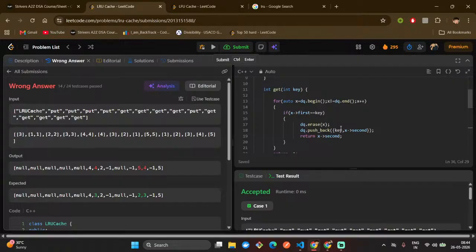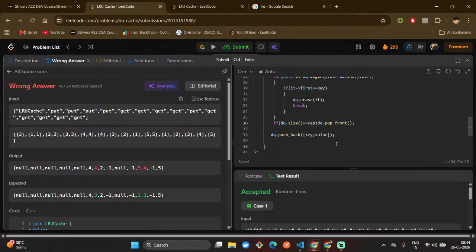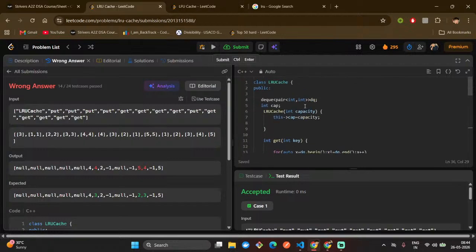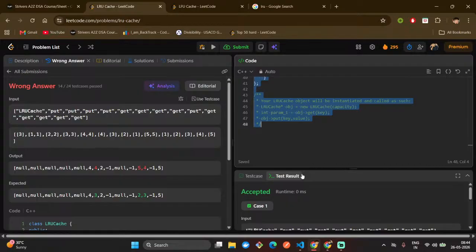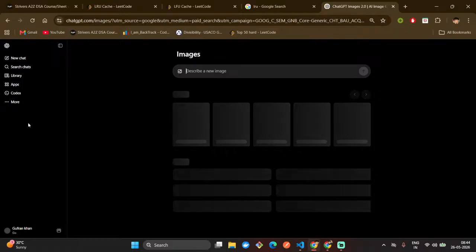If x dot second, return x dot second. It was written out from ChatGPT. Why is this giving the wrong answer?